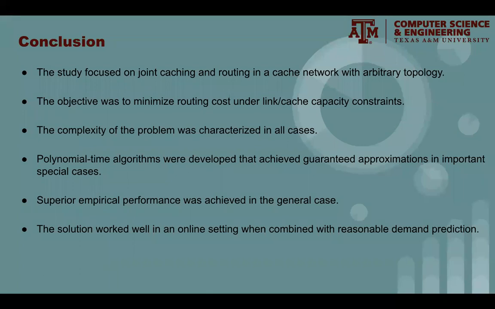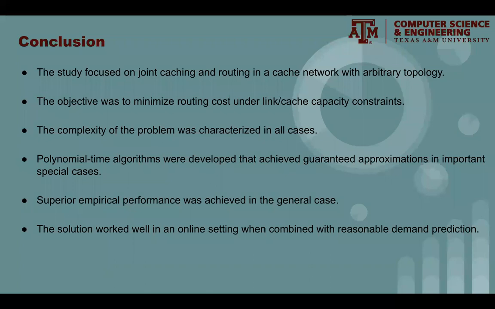After seeing the evaluation, now the authors can make some conclusions to the paper. First, the study focused on joint caching and routing in a cache network with arbitrary topology. Their objective was to minimize routing cost under link or cache capacity constraints. And they characterized the complexity of the problem in the 4 different cases, as you can remember, 3 NP-hard and 1 polynomial.